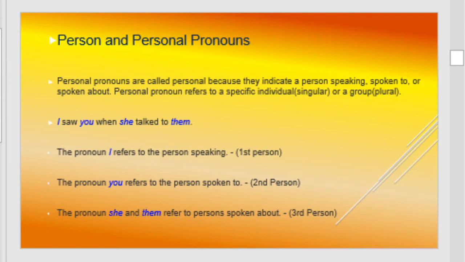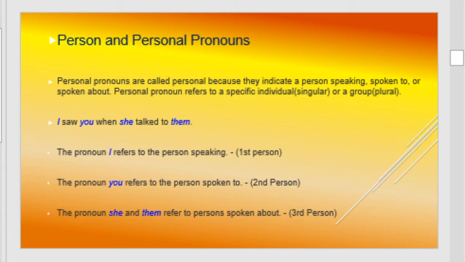The pronoun I refers to the person speaking. So that is the first person. The pronoun you refers to the person spoken to. That is the second person. The pronouns she and them refer to the persons spoken about. That is the third person. So that's how you're going to identify the first, the second, and the third person.